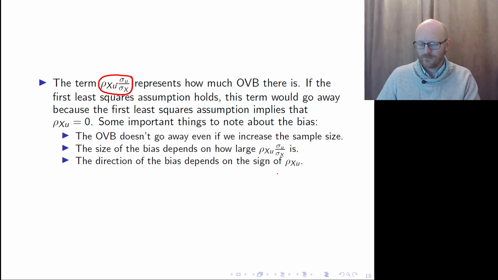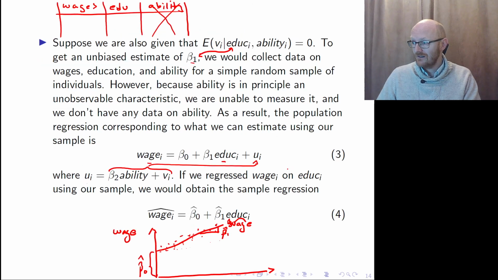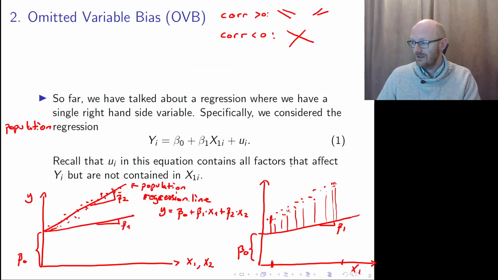So if x is positively correlated with the residuals, as we had in the early example, where both are upward sloping, then you would have a positive bias.